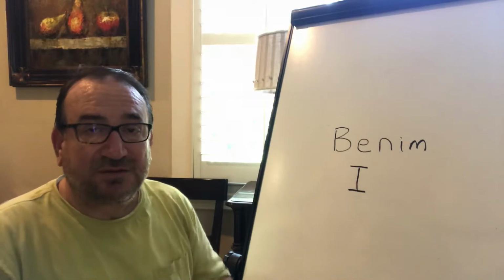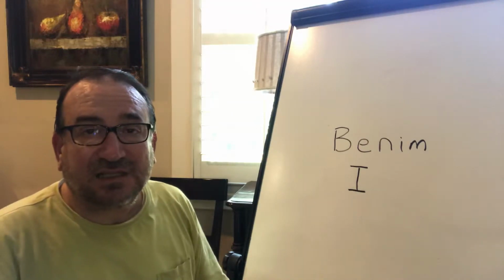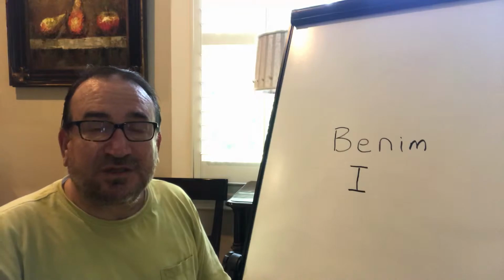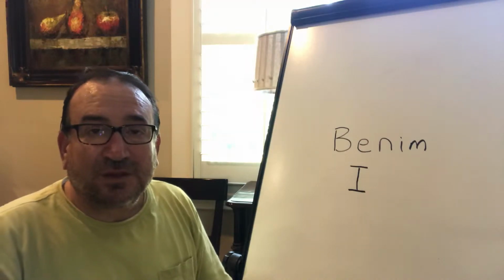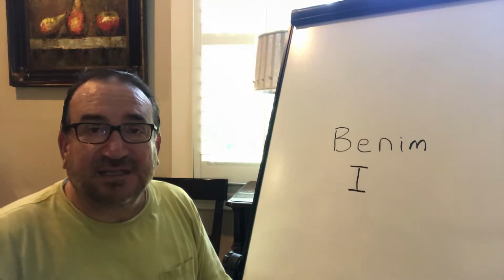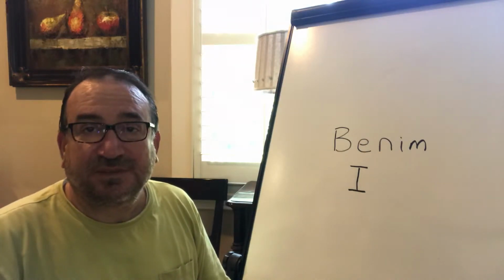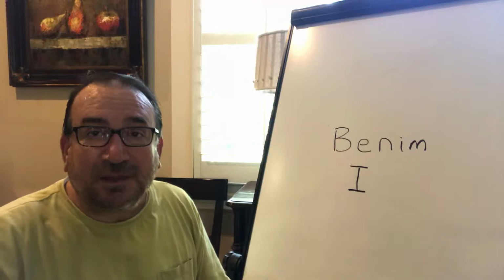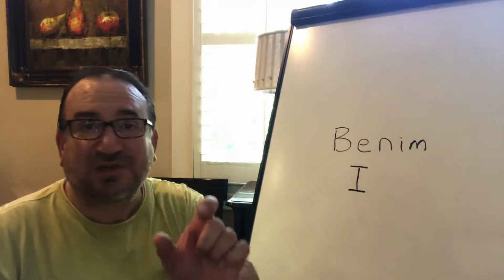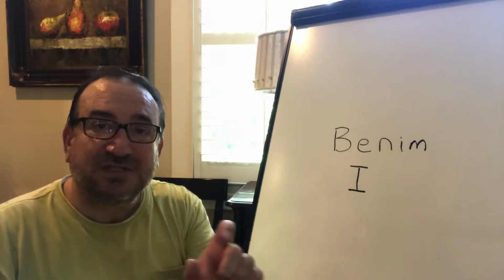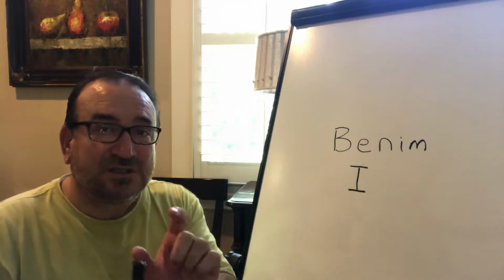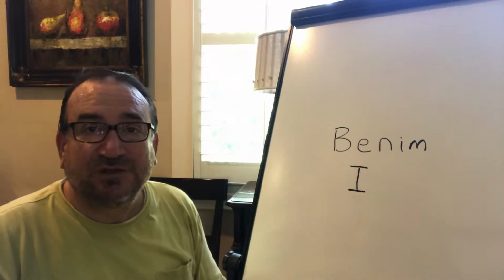Now let's give examples. How do we use it in our daily life? So if somebody asks you, whose car is that? You answer, benim. It means mine, in short. I'm not going to use any other Turkish words so that you don't get confused.